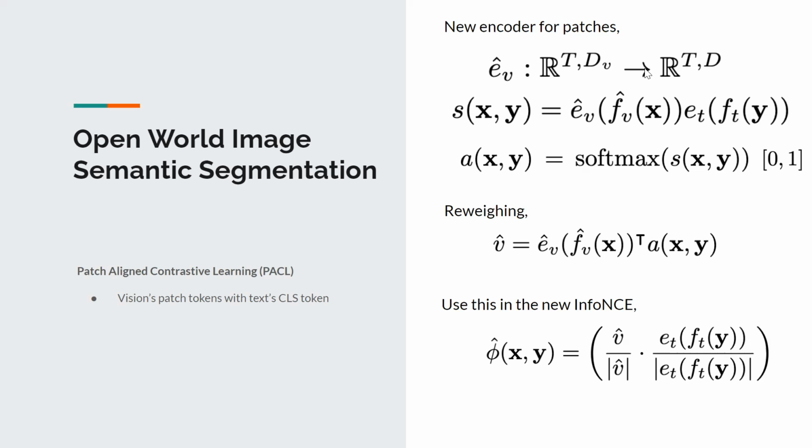So originally you have the vision encoder embeddings here in this cosine similarity. Now you take this V hat, which actually consists of a sum or average, if you think of it that way, of all the patch representations. And that's it. We didn't do anything much. And then you just train this E sub V hat. You keep CLIP frozen. You don't update it in the training, and just train this E sub V hat.